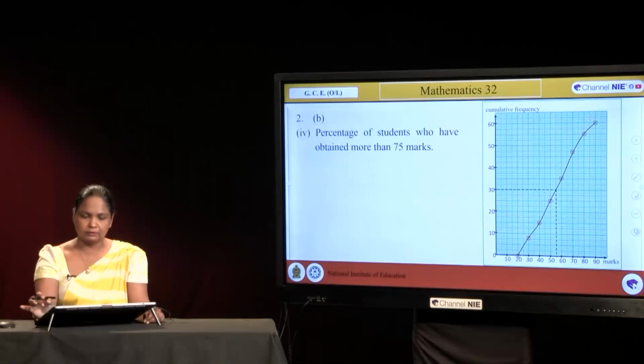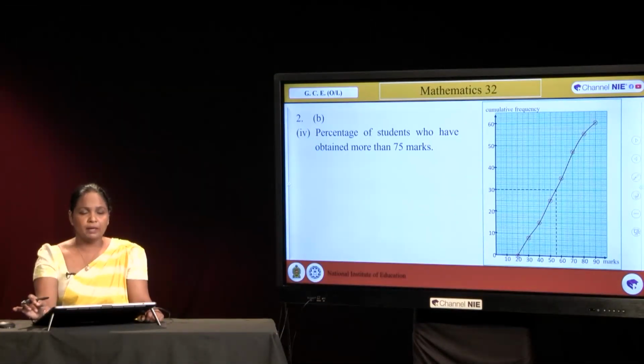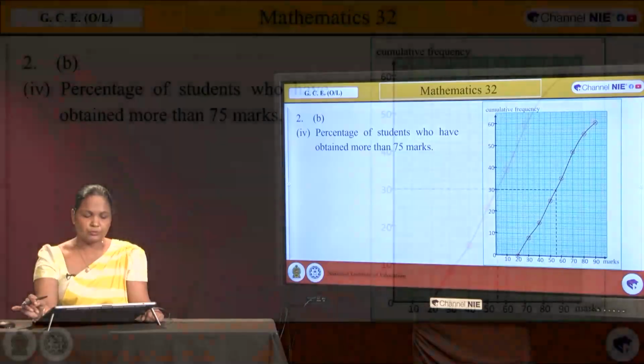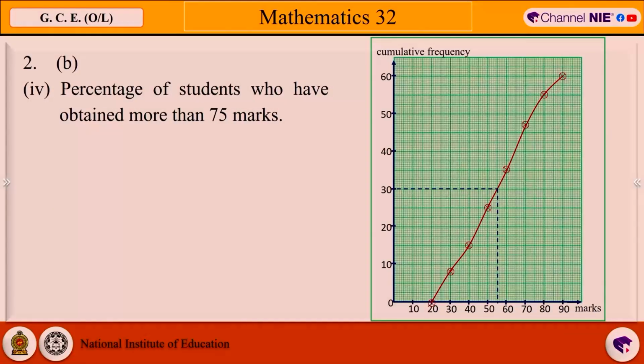Right. Next. Fourth part, percentage of students who have obtained more than 75 marks. Now, in the other way, now you are given the marks, you have to find the percentage. In that case, first you have to identify how many students are there, those who score more than 75 marks. Right. If you draw this in the curve, you can observe it.